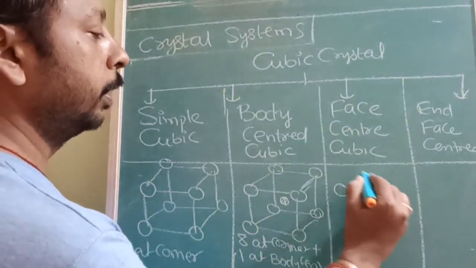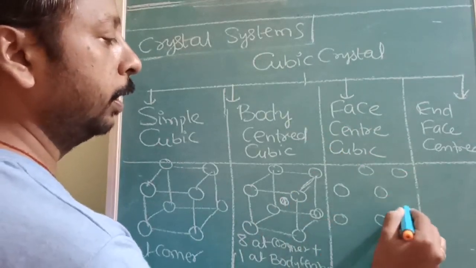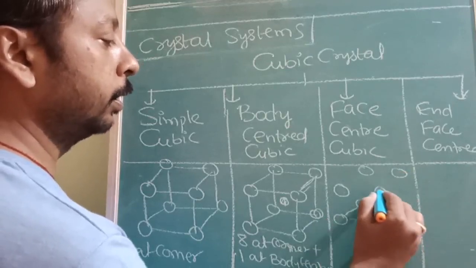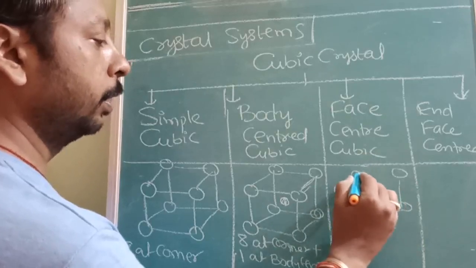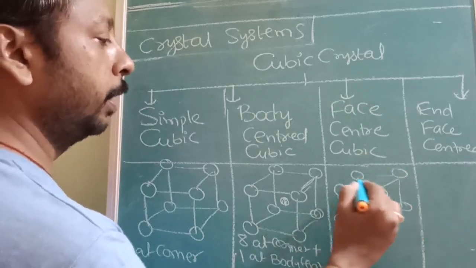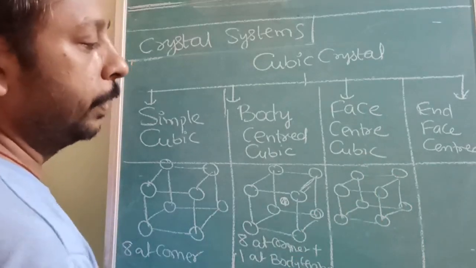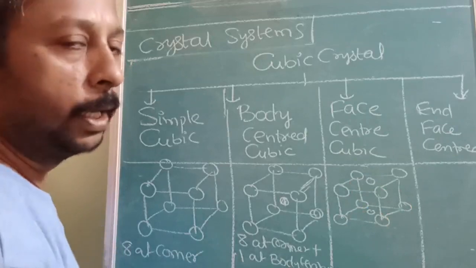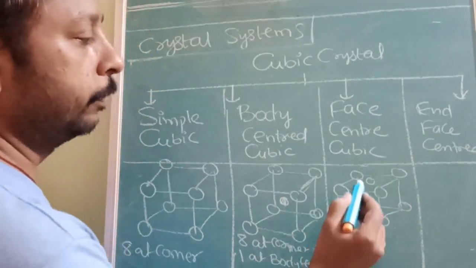So here also, what is the minimum requirement? Lattice points have to be at the corners, and there are 6 faces. This is the top face, this is the bottom face. If I draw the diagram while explaining, it will be easy for you.